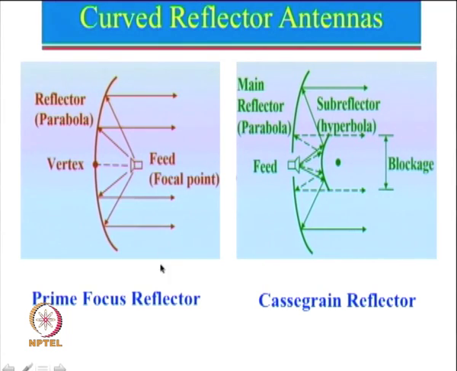Now, we can think, okay, why not put something over here, but then we will have to provide either a coaxial connection or a waveguide connection. Of course, for very high power, coaxial cable may not be a good solution, because coaxial cables have a limit on the power, whereas waveguide in general can handle higher power, but then this waveguide will also act as a blockage, and waveguide will also have some losses.